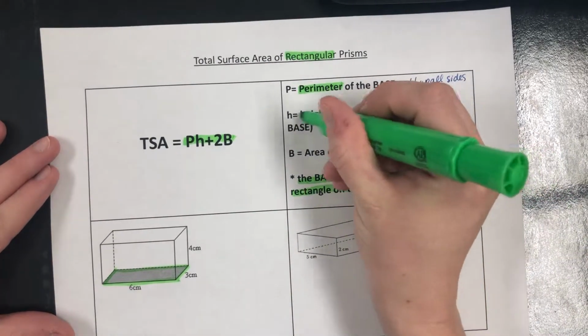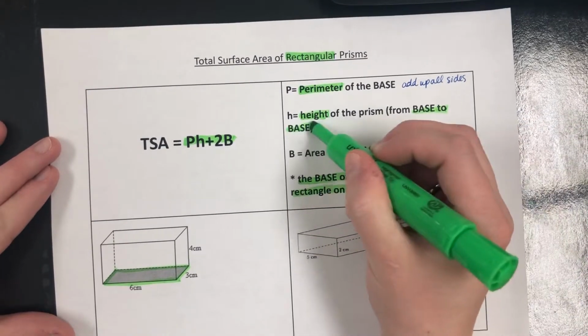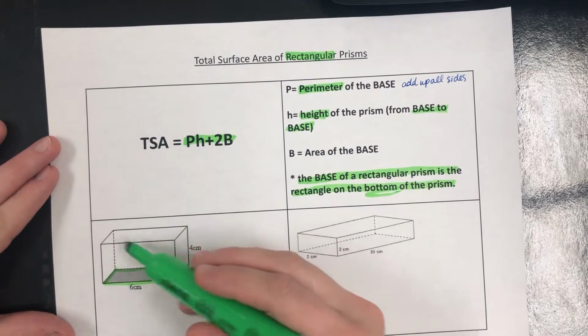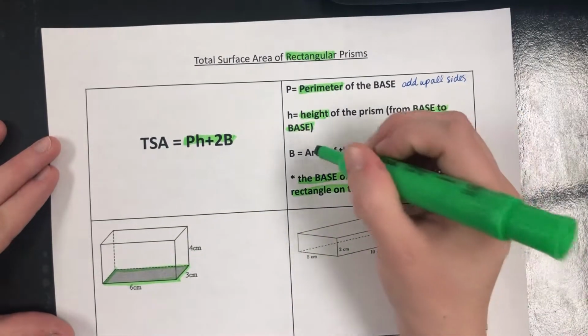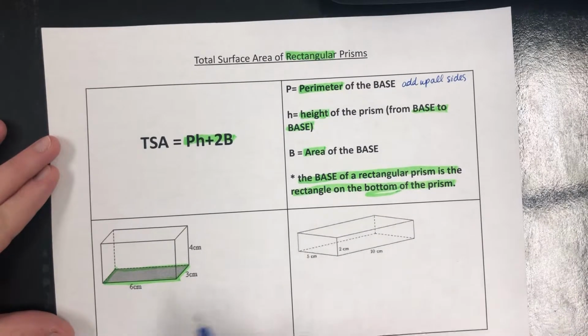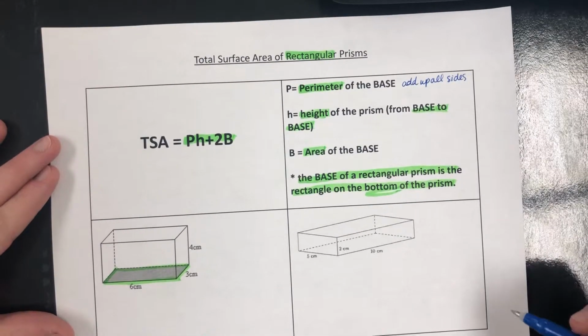h is the height of the prism from base to base, so from this bottom rectangle to the top rectangle. And then B is the area of the base. That means we take our base and find the area of it, so you need to know how to find the area of a rectangle.